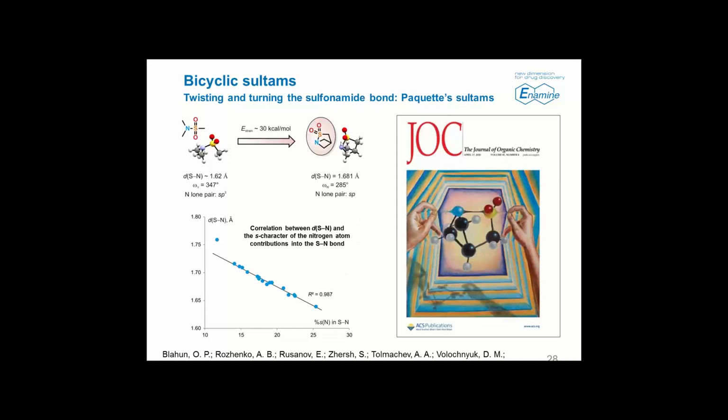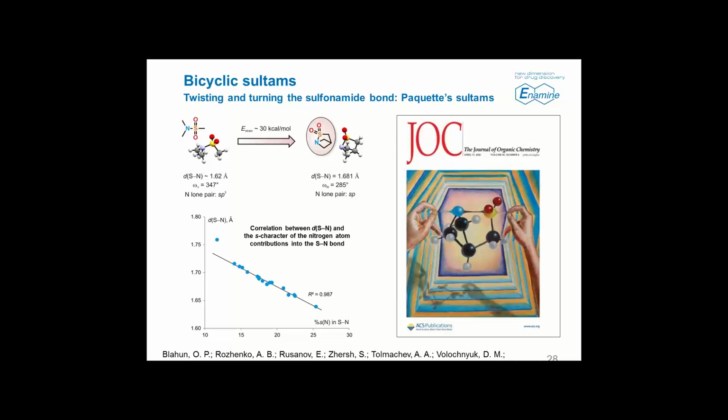We have obtained only preliminary data on the chemical reactivity of this interesting compound. We found that it can undergo hydrolysis even in 1 molar aqueous acid, so it is quite strained indeed. We predicted the highest strain energy for this bicyclic system, higher than any strain energy of the sulfonamides that we used to compare this compound.